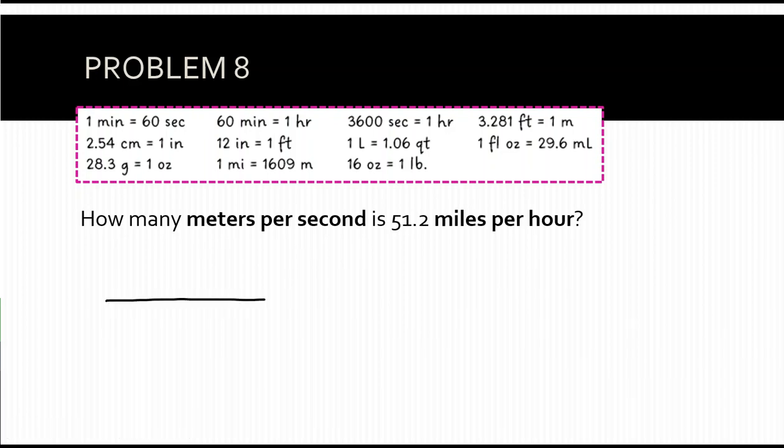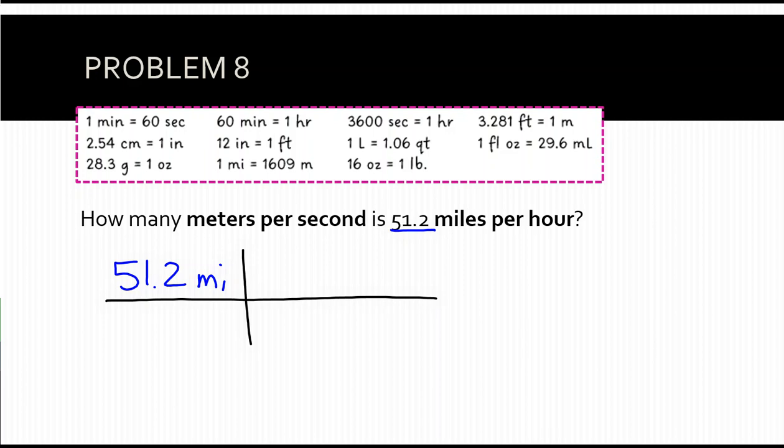We set up our initial T-chart. It wants us to do meters per second from 51.2 miles per hour. So, 51.2 miles per hour. How do I write this in my T-chart? I put 51.2, the miles on the top, and I use MI for miles to differentiate it from meters.